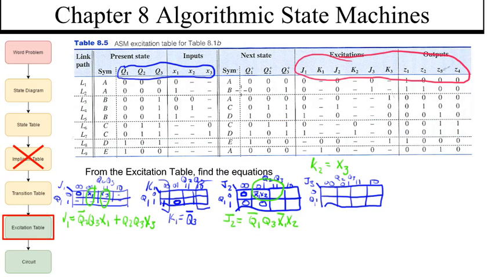So we're going to write down x1 in the 0, 0 state, and then a 0 down here at the 1, 0, 0. So J3, we can make this whole thing right here a big implicant. So J3 can equal Q1 bar X1.